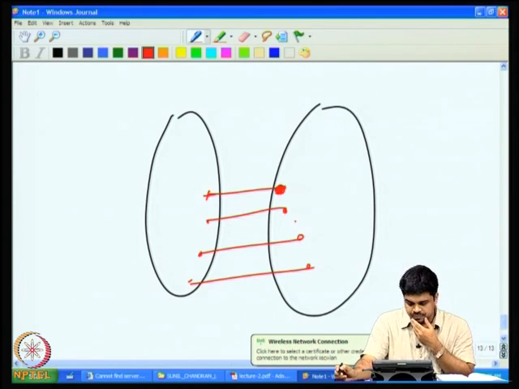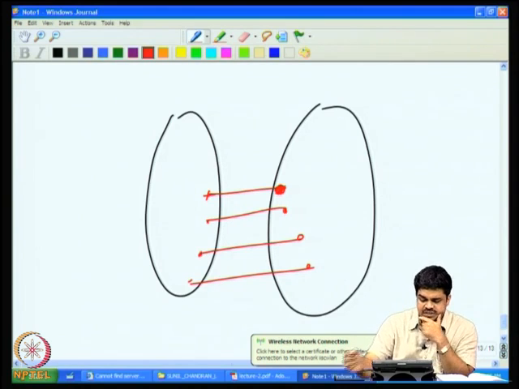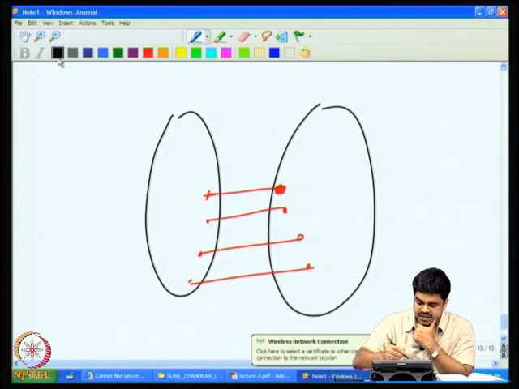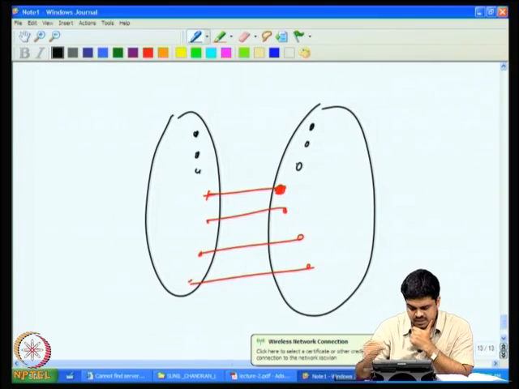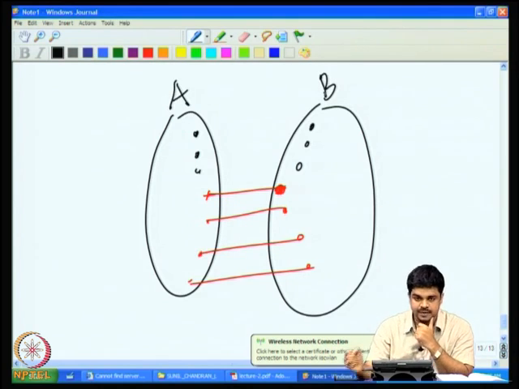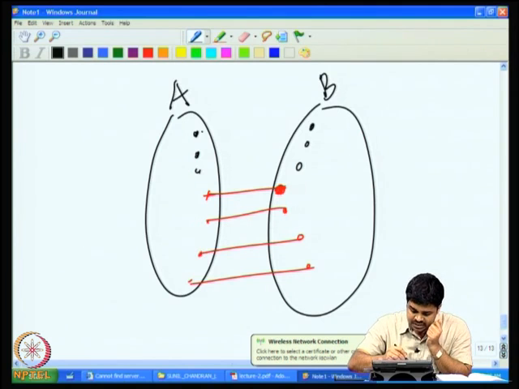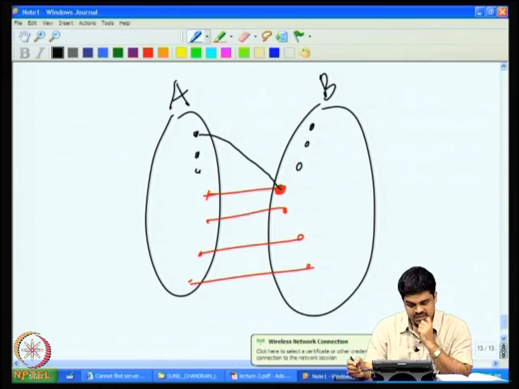To do this, we have to observe certain things. So let us say, suppose we see an edge. There are some unmatched vertices here, and here. Suppose this is the A side of the bipartite graph, and this is the B side. So consider an edge starting from an unmatched vertex like this.